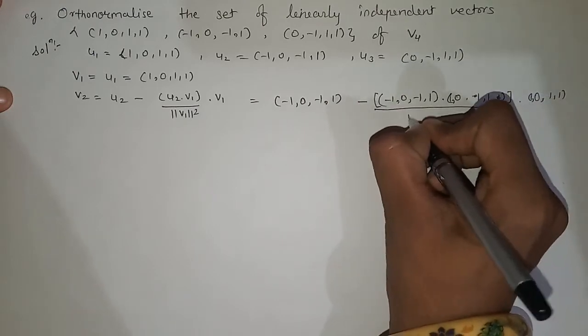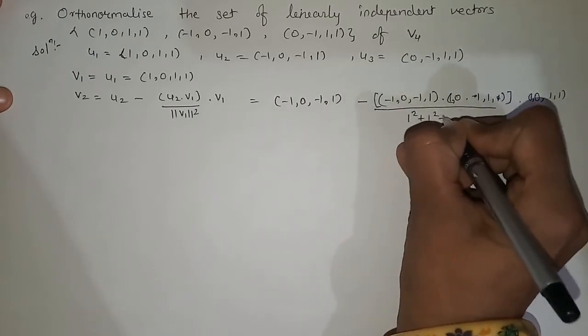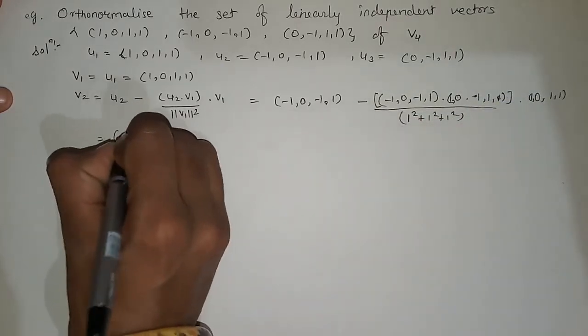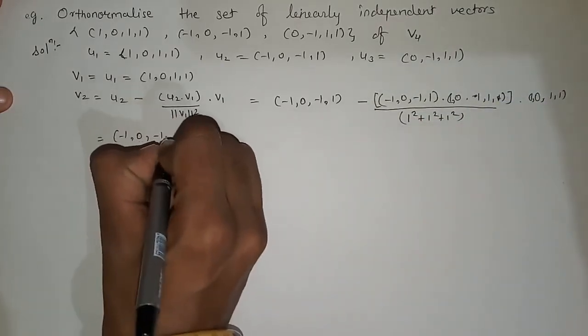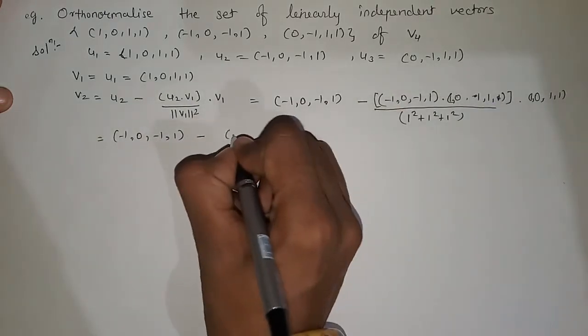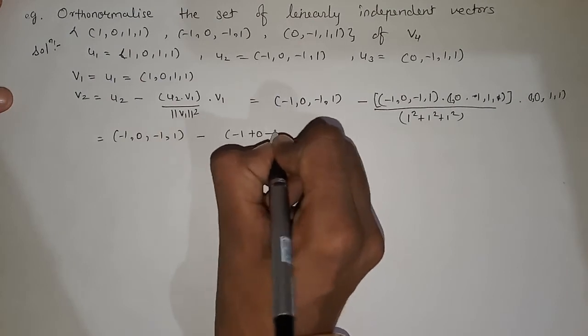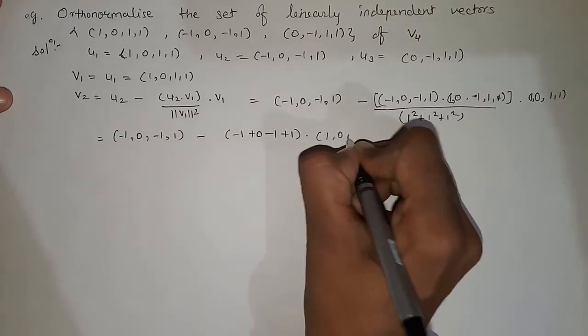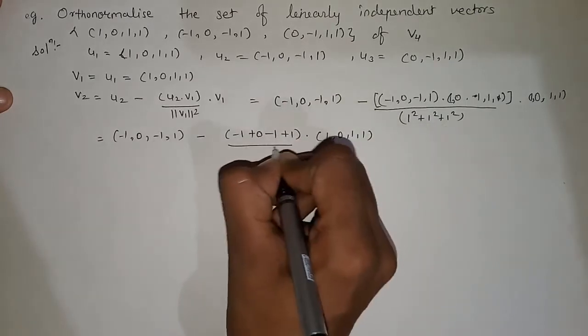So 1 squared plus 1 squared plus 1 squared. So this is equal to (-1, 0, -1, 1) minus (-1 times 1, minus 1 plus 0 minus 1 plus 1) into (1, 0, 1, 1) upon 3.